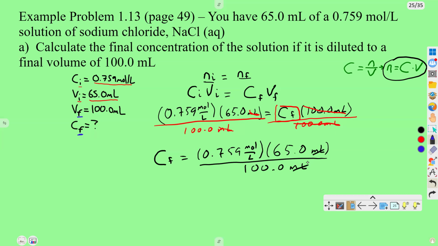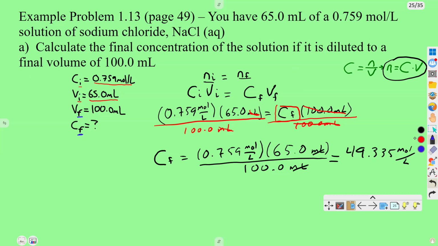If you converted them into liters, you would end up with the exact same value as what we're going to calculate here in just a second. On my calculator, I'm going to take 0.759, multiply it by 65.0, and I'm going to get 49.335, and then the units are moles per liter.